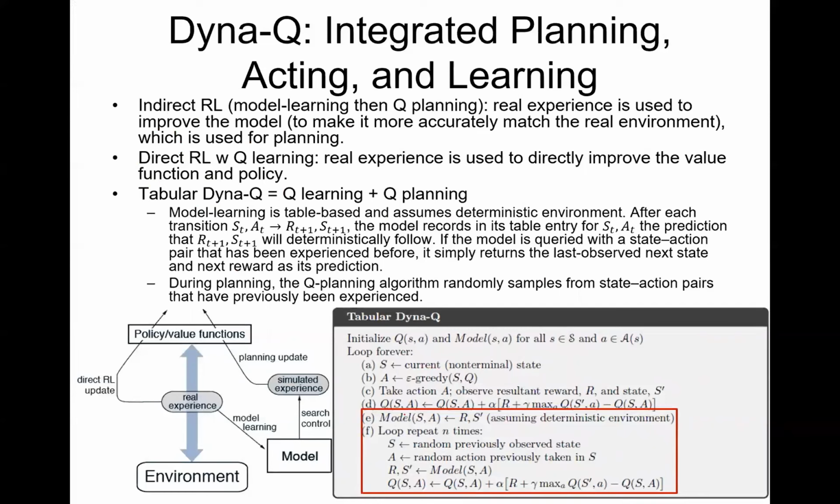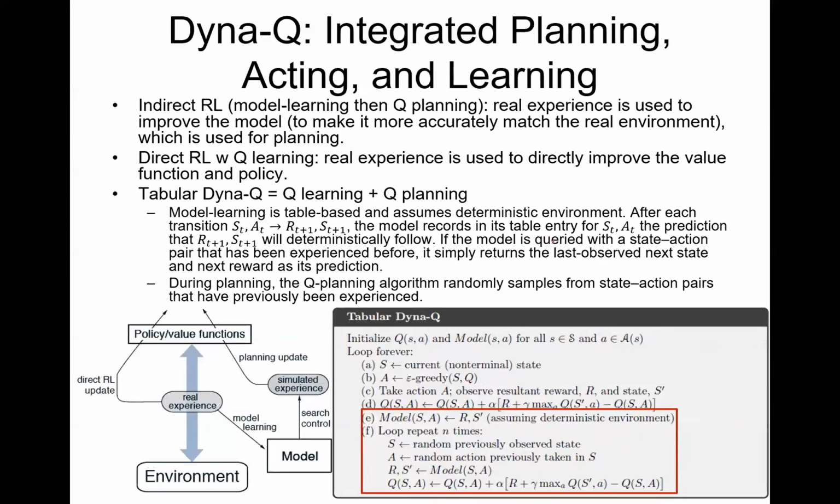So the actual steps are to do model learning. It assumes a deterministic environment. After every transition, it records in this table entry for S_t, A_t the prediction that R_{t+1}, S_{t+1} will deterministically follow.